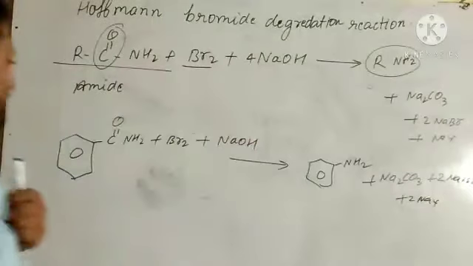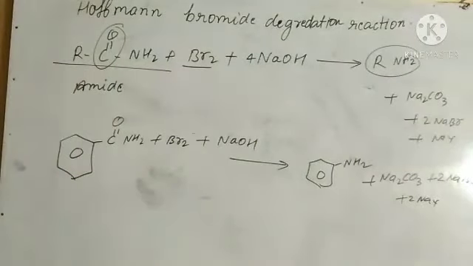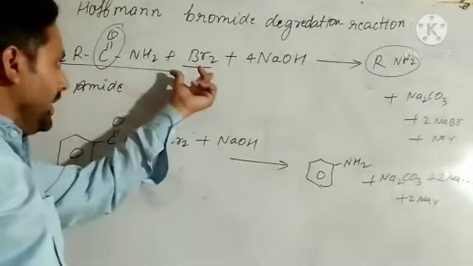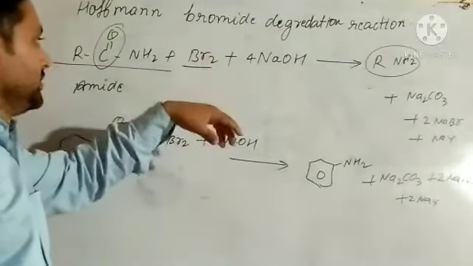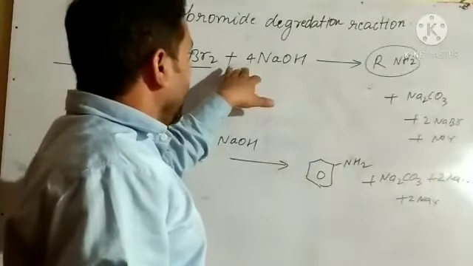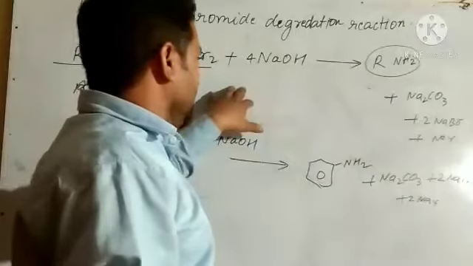So what we have got here is that primary amines can be prepared by the reaction of amide with Br2 in ethanolic solution or aqueous solution of sodium hydroxide.